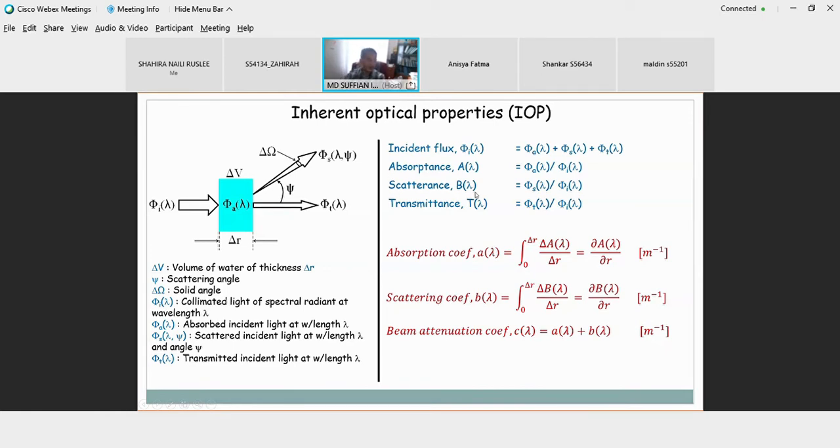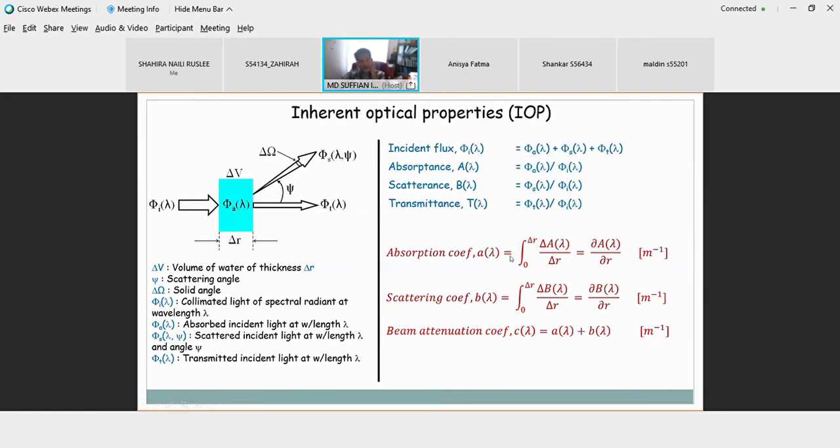And then transmittant bermaksud banyak cahaya yang melepasi, that can pass through the water column at thickness R or delta R. So the fraction of light transmitted is known as a transmittant. It's the ratio between phi T divided by phi I, yang ditransmit bahagi dengan incident light.